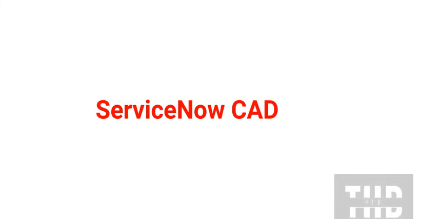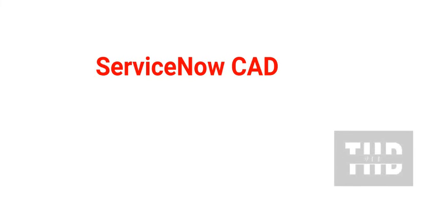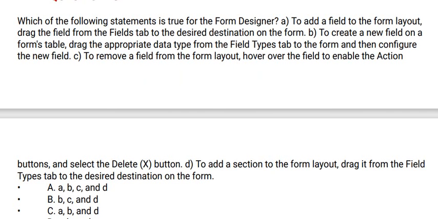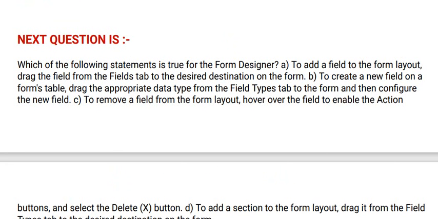Today's question is, which of the following statements is true for the form designer? A. To add a field to the form layout, drag the field from the Fields tab to the desired destination on the form.